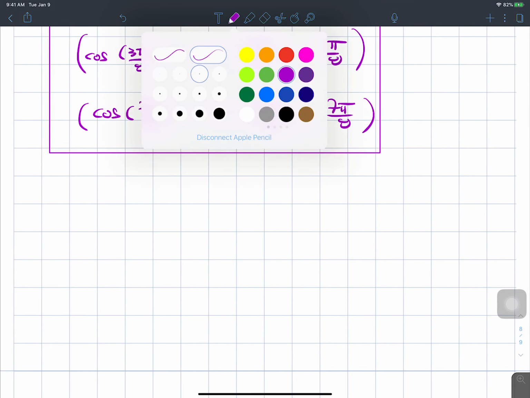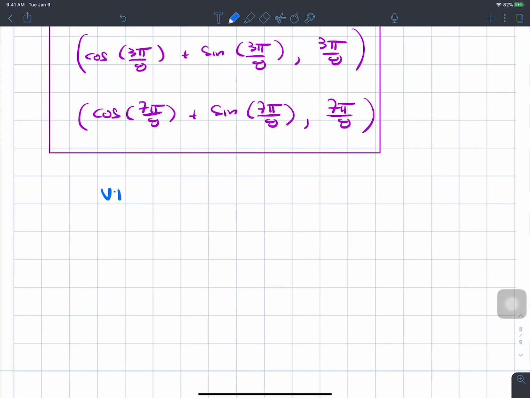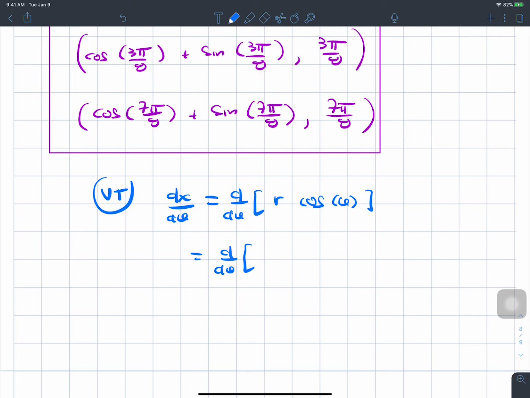So for the vertical tangents here, dx/dθ, which is d/dθ of r cosine θ, plug in the r value. This is going to be cosine squared θ plus cosine θ sine θ.